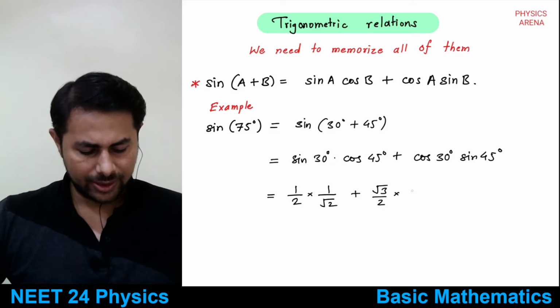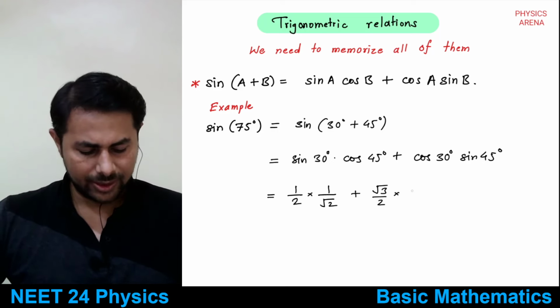Okay, and let's take cos of pi by 2 plus theta. We have taken cos of pi by 2 plus theta.